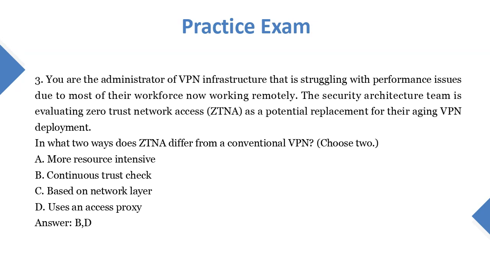In what two ways does ZTNA differ from a conventional VPN? Choose 2. A. More resource intensive. B. Continuous trust check. C. Based on network layer. D. Uses an access proxy. Answer: B, D.